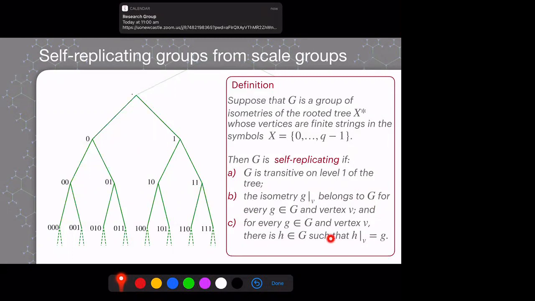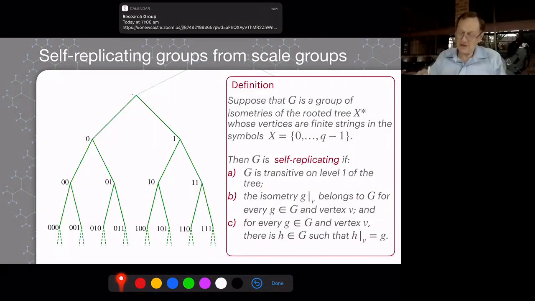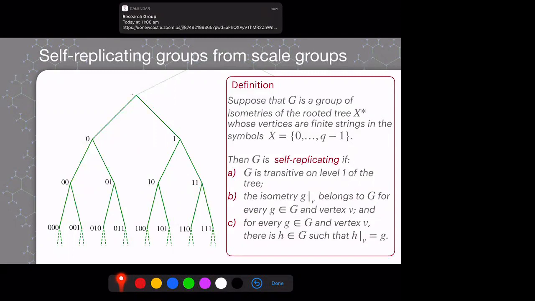Is that correct? Correct. Yes. Well, I usually include condition A in self-replicating. Condition A as well. Volodya, okay, we disagree with Volodya in some definitions.